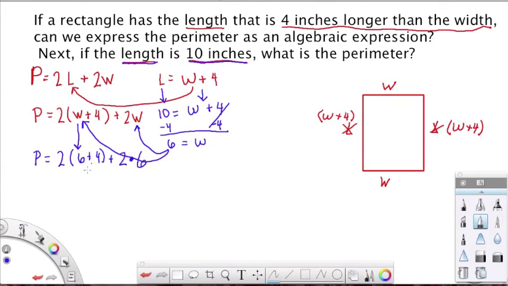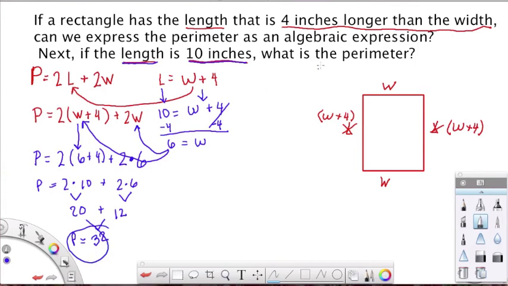We know 6 plus 4 is going to be 10. And here we go. 2 times 10 is 20. 2 times 6 is 12. And our grand total is 32. The perimeter of this rectangle is 32.